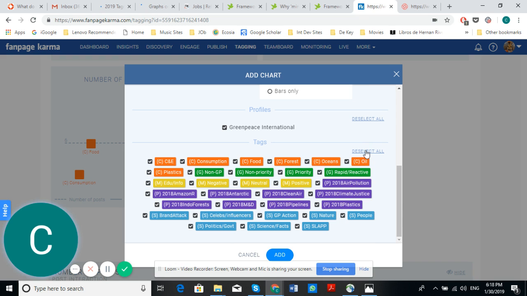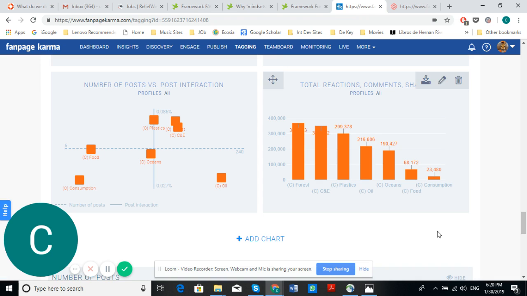And let's select campaign tags. And click Add. And this is what your graph looks like, a bar chart, where it gives you the total reactions, comments, and shares. So we see that forest comes first, then climate and energy, then plastics, oil, oceans, and so on.